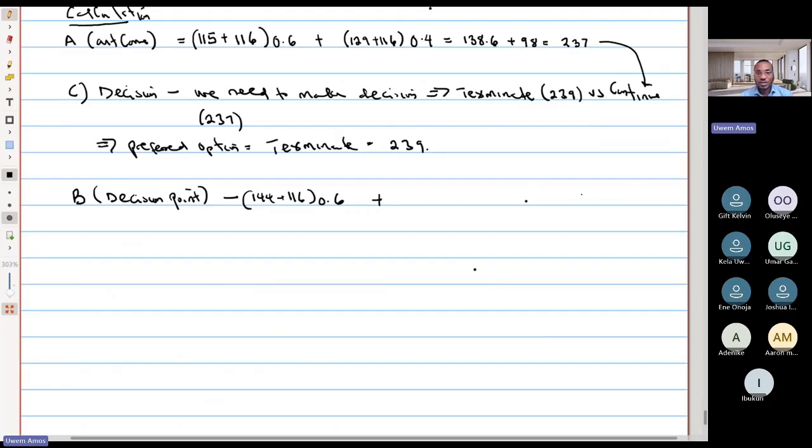So that's 158 plus 116. The probability is 40%. What do we have right there? So that's the first one, 144 plus 116 multiplied by 0.6, which is 60%, gives us 156.